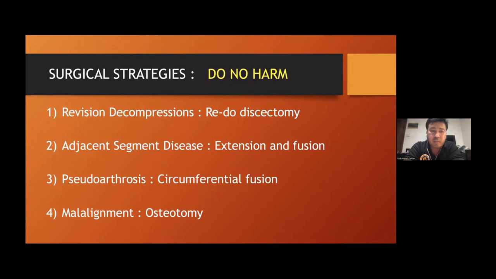First is the revision decompression. If we can find the cause is only reherniation of the disc at the same level, because the fissure is reprolapsing and coming again at the same level, then we can redo discectomy. Some surgeons might do the second surgery, redo discectomy, with endoscopy, but I have had a bad experience actually, so I would not suggest using MISS for the second surgery.